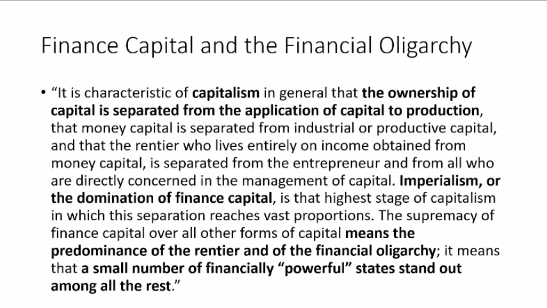Imperialism, or the domination of finance capital, is that highest stage of capitalism in which this separation reaches vast proportions. The supremacy of finance capital over all other forms of capital means the predominance of the rentier and of the financial oligarchy. It means that a small number of financially powerful states stand out among all the rest.